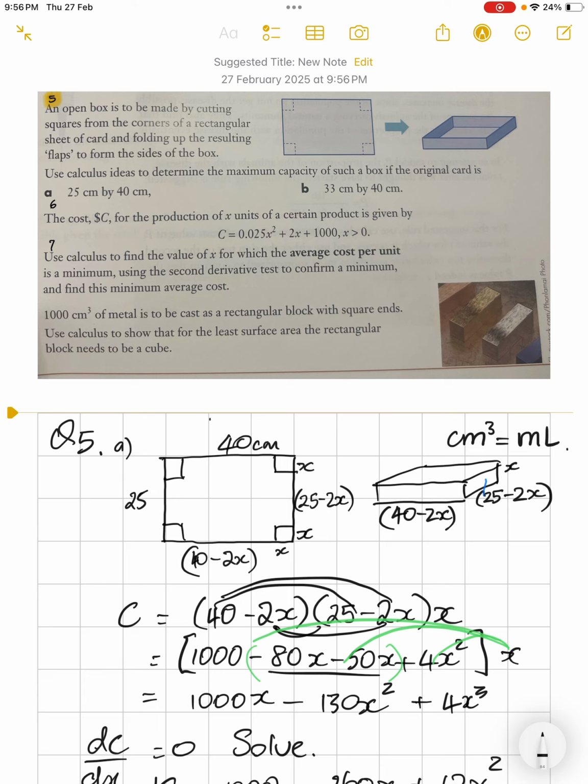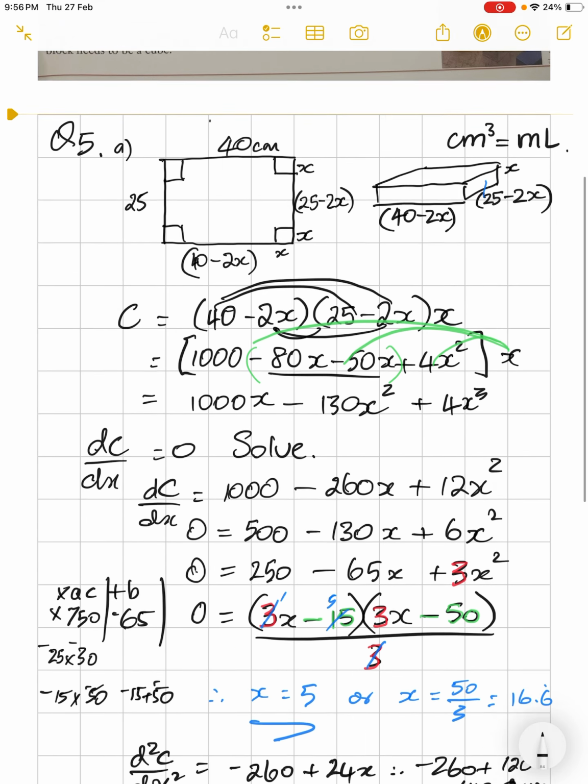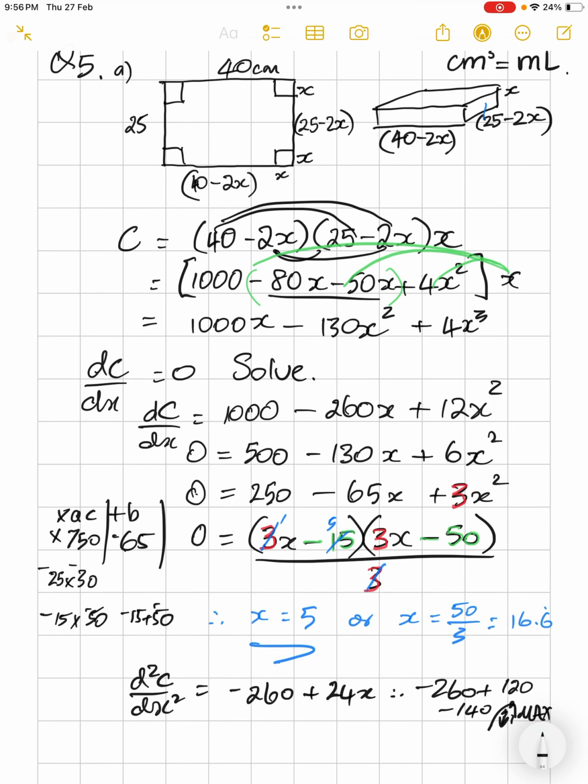Determine the maximum capacity. Okay, so now to answer the question, what is the maximum capacity? We have to substitute 5 in our formula. Capacity is 1000 times 5 minus 130 times 5 squared plus 4 times 5 cubed.